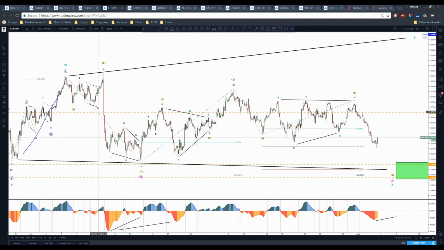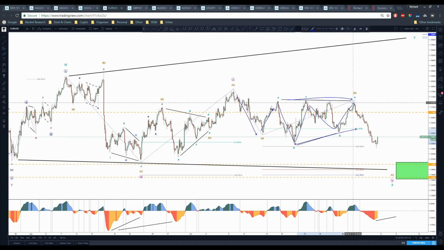So conflict of degrees, obviously we would expect an even more complex correction, due to the conflict of degrees. So we have a triangle right here, so A, B, C, X, and then another triangle right there, a running triangle. So we have an A, and then A, B, C, D, E in this running triangle.